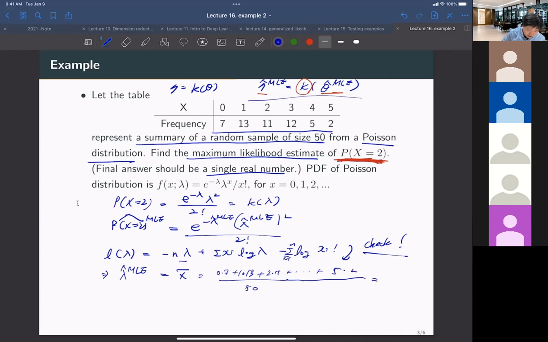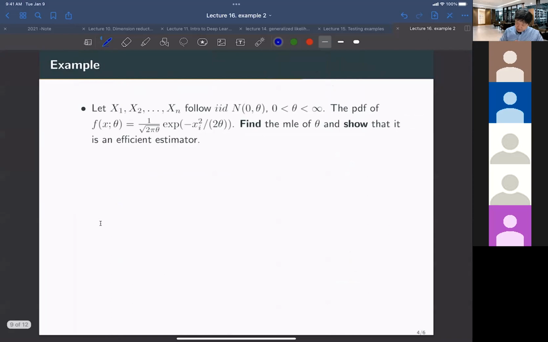Right, so what is the x bar? It's 2.5. Then our MLE is e to the minus 2.5, times 2.5 squared, over 2 factorial. Just put the numbers into your calculator and you get the answer. Okay, right, next.